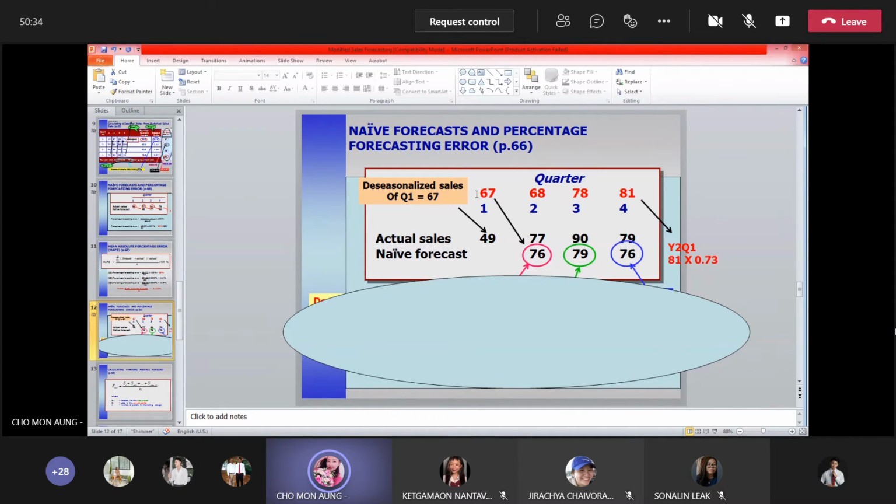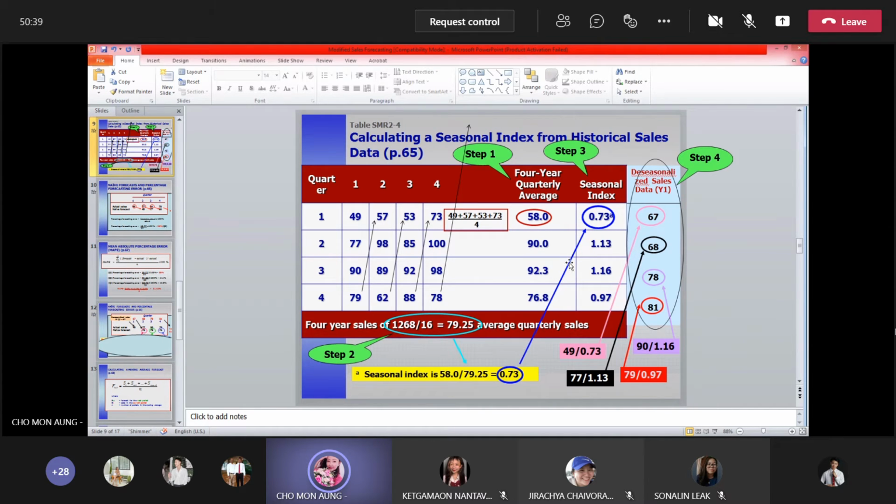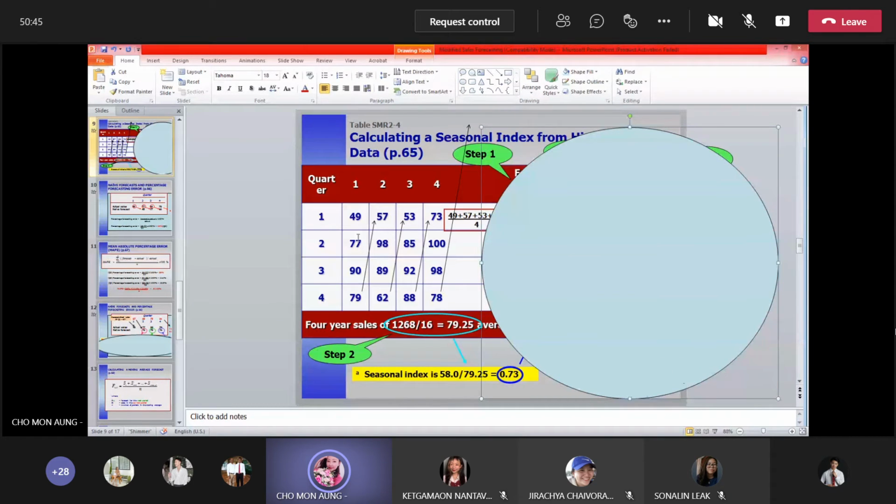The question is, why don't we use actual sales data? Why do we have to use deseasonalized sales data? Think about it. Now, come back to this table. I'm telling you the reason. These are the actual sales data. Assume that now we are in year 2021, almost the end of the year. If we are going to forecast for year number 5, which is year 2022, then year number 4 will be 2021, year 3 2020, 2019, and 2018.